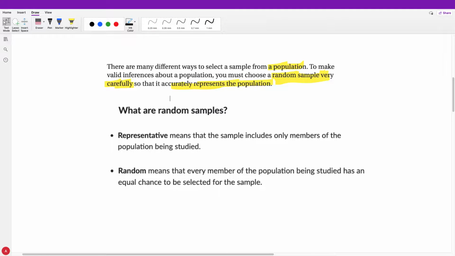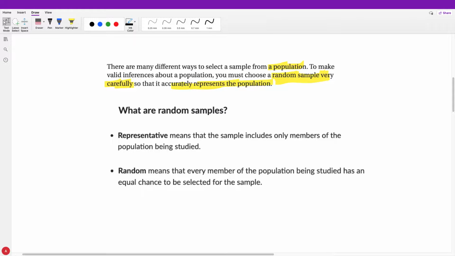And the reason why it needs to be random is, let's just say, for instance, I want to talk about math at our school, AIS. And I, being a math teacher, if I am like, oh, well, I wanted this to sound good, so maybe I might go and pick students that I know math is their favorite subject, and I'll start asking them questions about math. Well, that's a biased sample, and it's not at random.